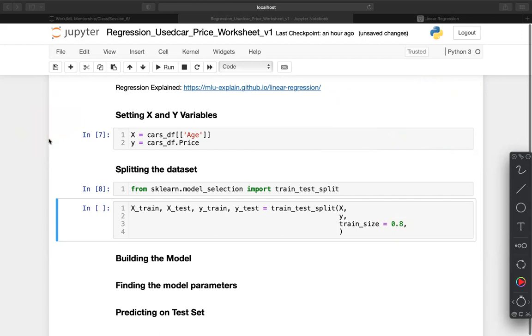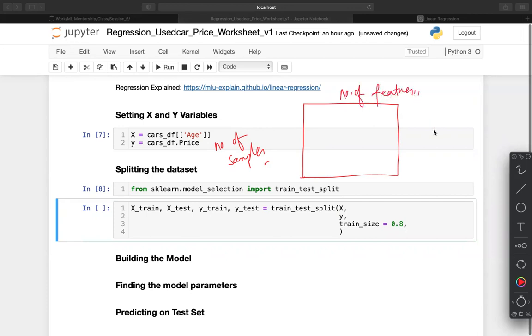If your data set is not very large, then typically you follow 80-20 or 70-30. Typically, the number of samples in the data set is proportionate to the number of features that you are using, right? The number of features typically depicts the complexity of the model, or the complexity of the patterns that you're going to find.